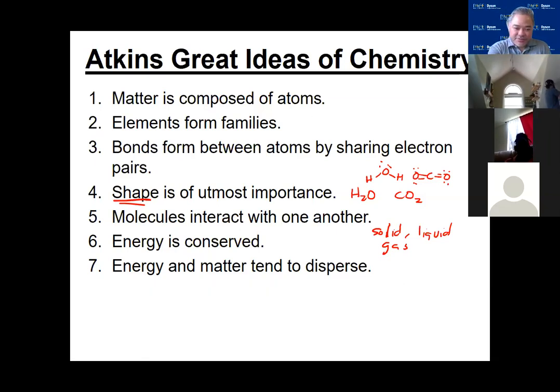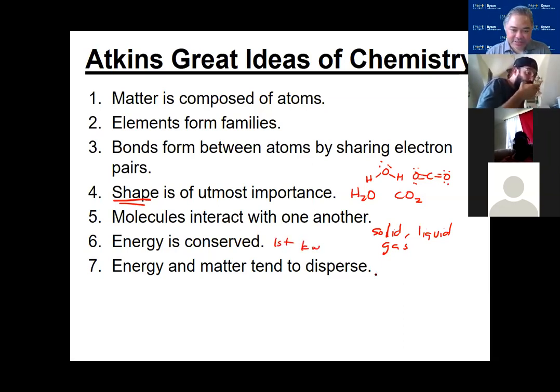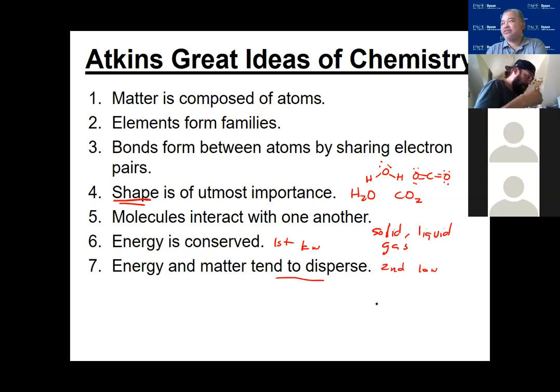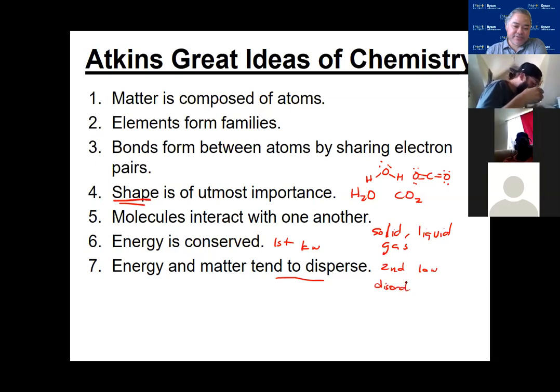So, number 7, energy and matter tend to disperse. So this is, we could say, if the previous one is the basis of the first law of thermodynamics, this is the basis of the second law. So what happened? They tend to disperse. Okay? So the tendency is disorderliness.